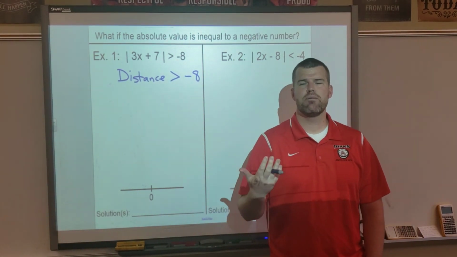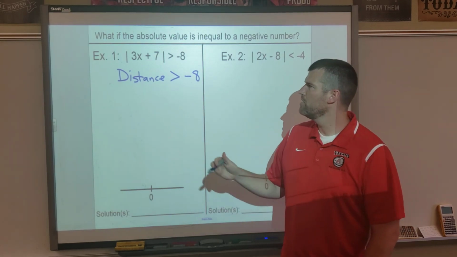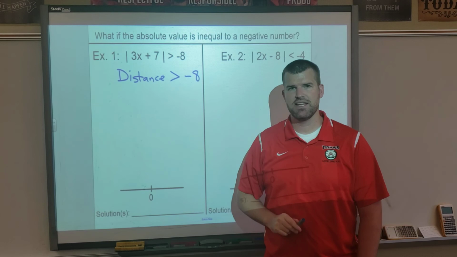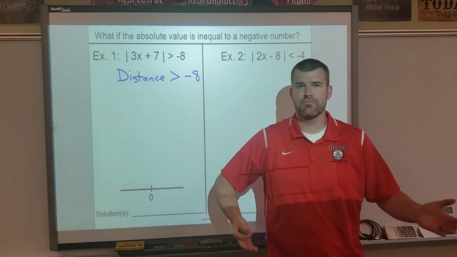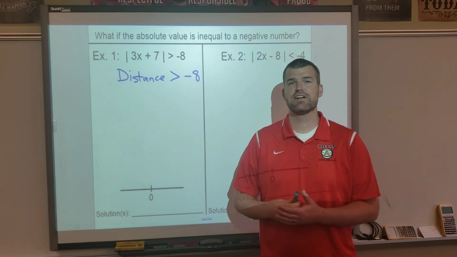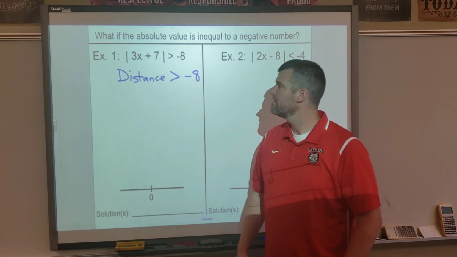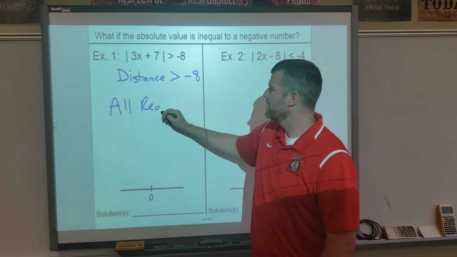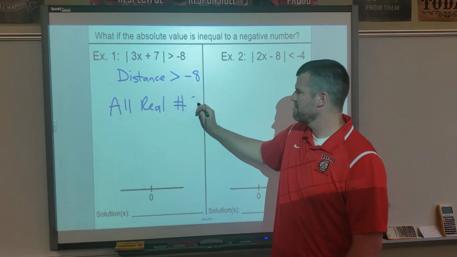Distance is always positive. So when will our positive number be bigger than -8? All the time. There is no distance that will ever be smaller than a -8 because every distance is 0 or bigger. So this would actually be a solution of all real numbers.